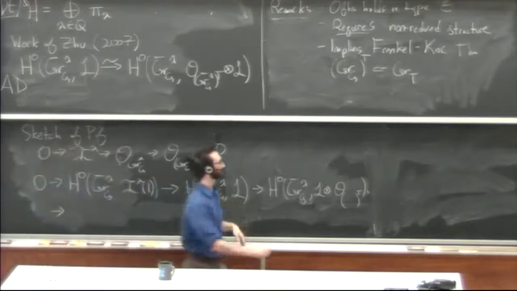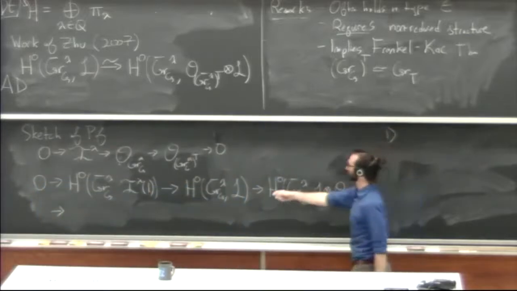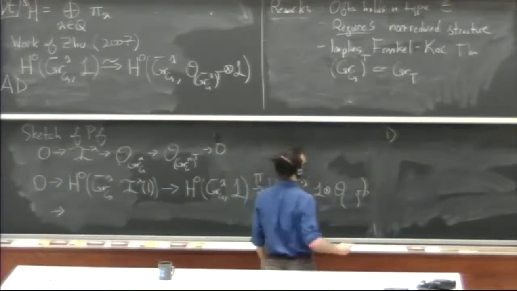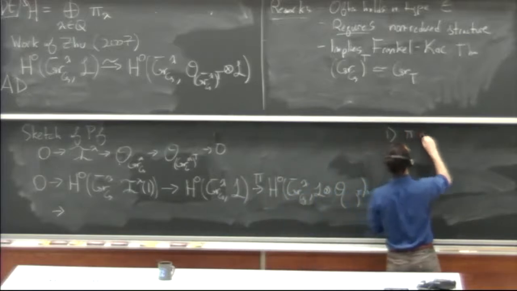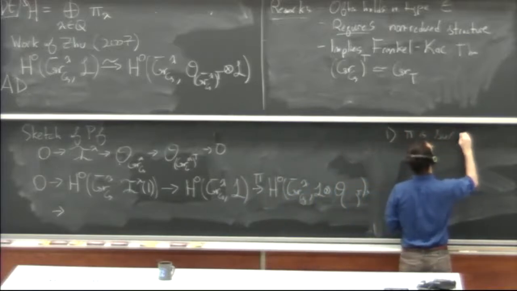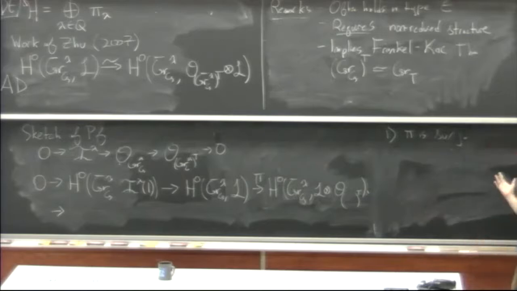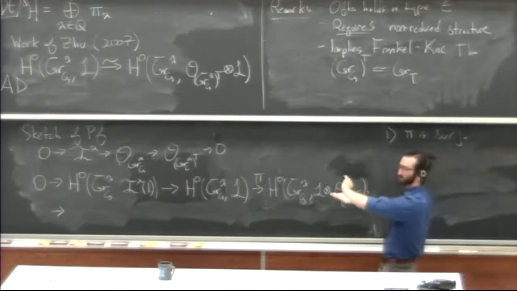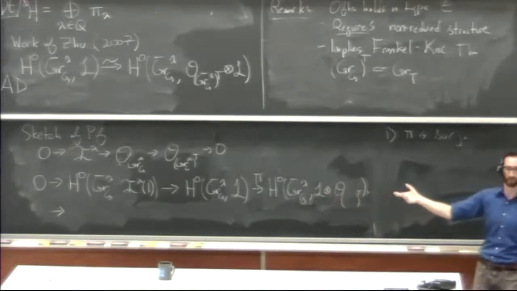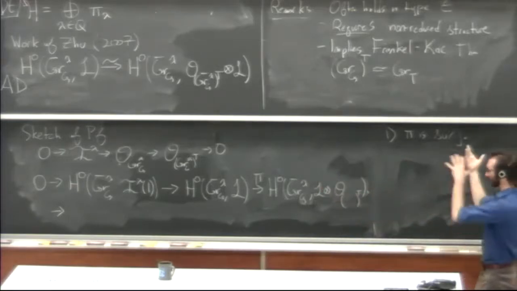So the first step is to show that this map pi, this restriction map, is surjective. Showing that pi is surjective comes from essentially taking dual spaces, which will be affine Demazure modules, and taking limits.